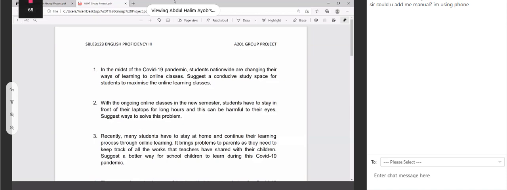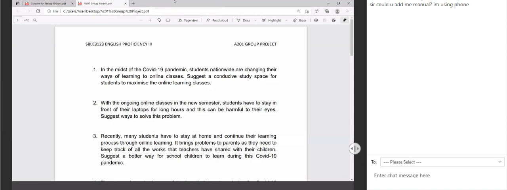For your presentation, you'll do it your own way. I don't mind. You can have your PowerPoint presentation and whatnot. For each group, you'll be given around 20 to 25 minutes each to present your idea. Again, for example with this conducive space, you will have to solve a problem.